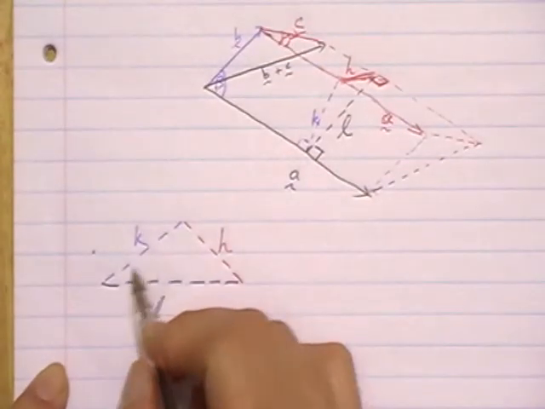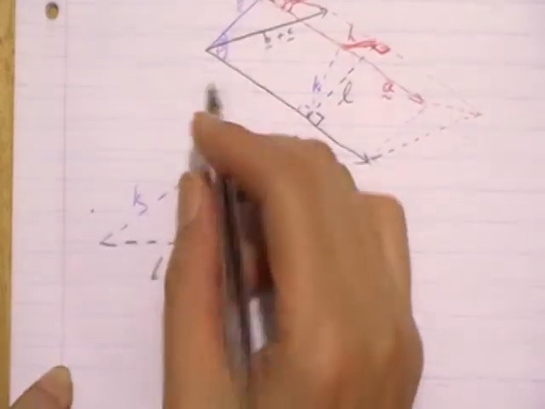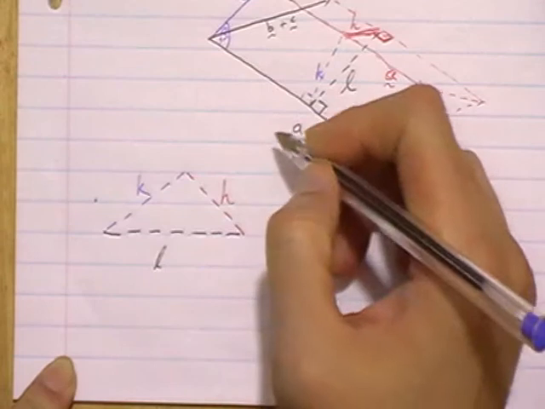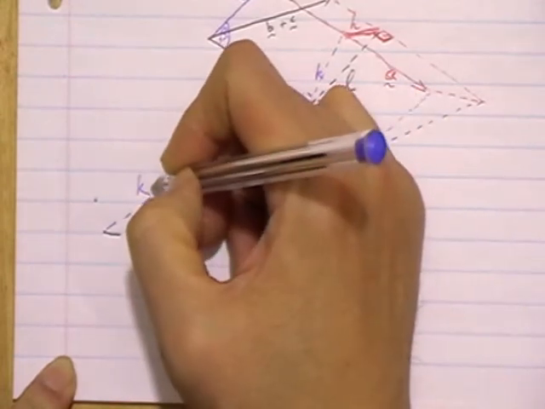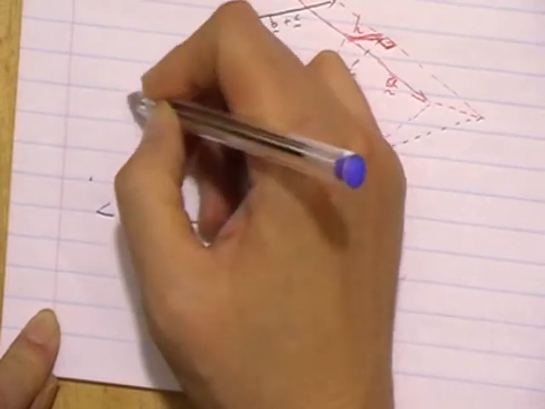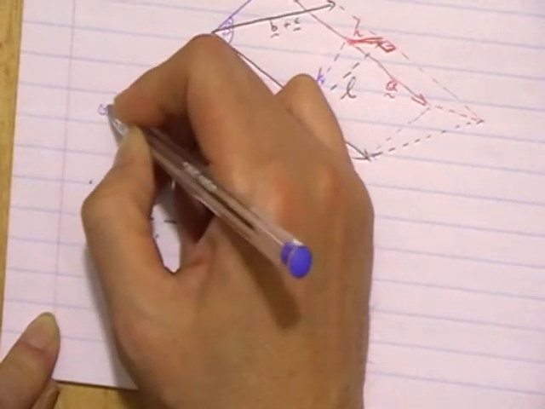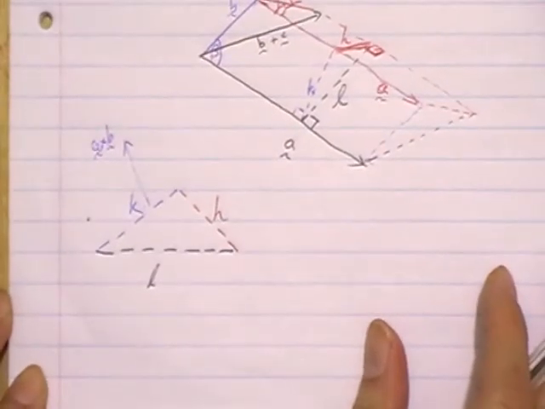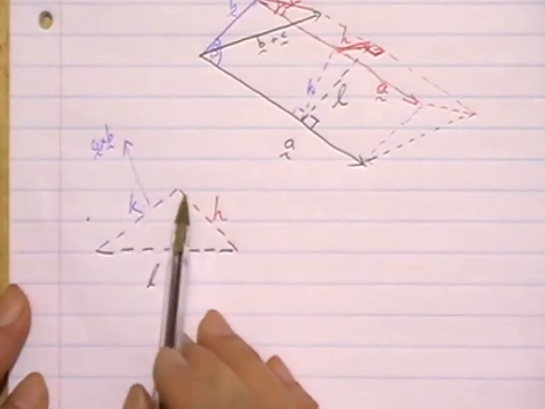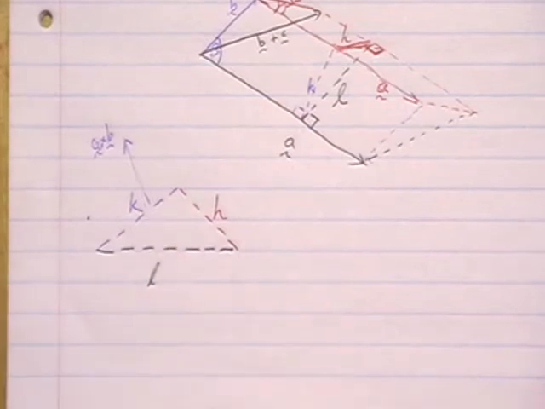So on this 2D piece of paper now, I can think about this A cross B as having this direction. Alright, and likewise, we have the corresponding cross products for each of these sides.